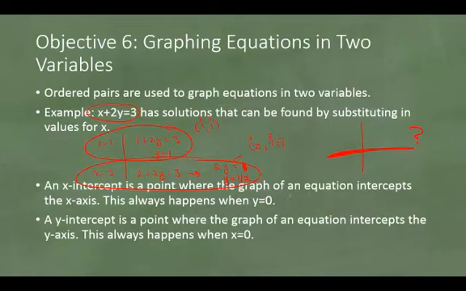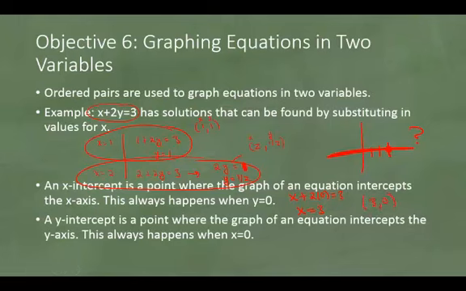We would say x plus 2 times 0 is equal to 3. But 2 times 0 is 0, so that tells us that x is equal to 3. When x is equal to 3, y will be equal to 0, and we have found our x-intercept, 3, 0.